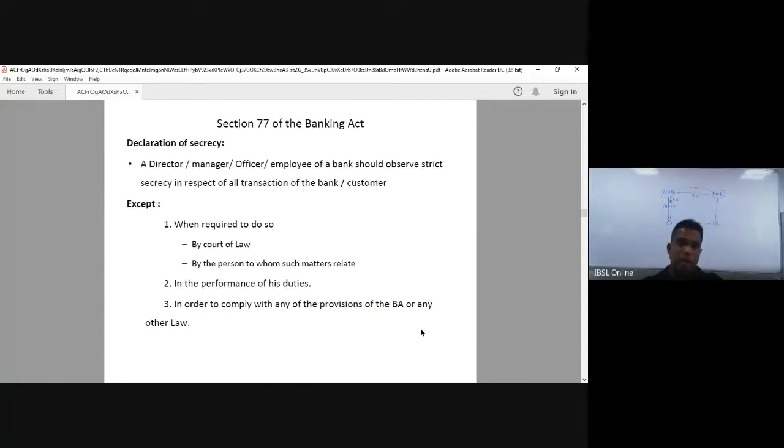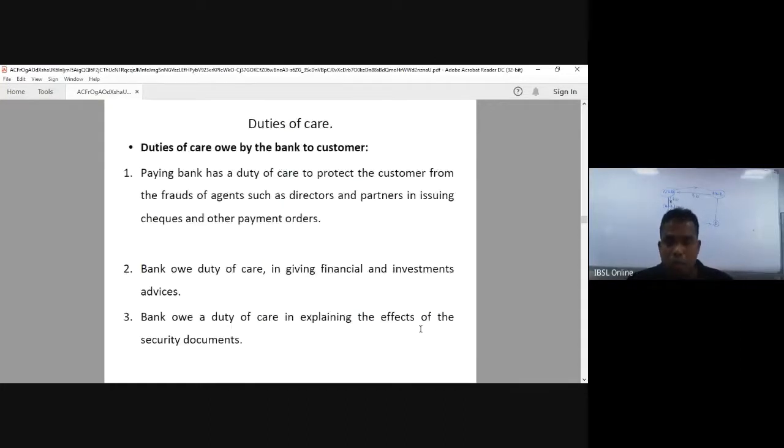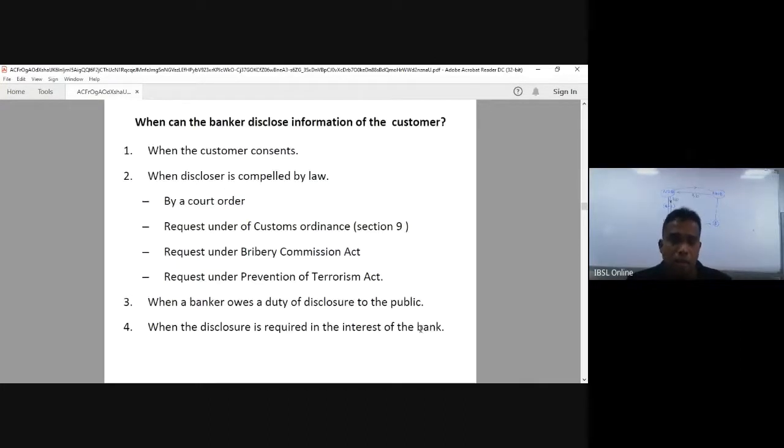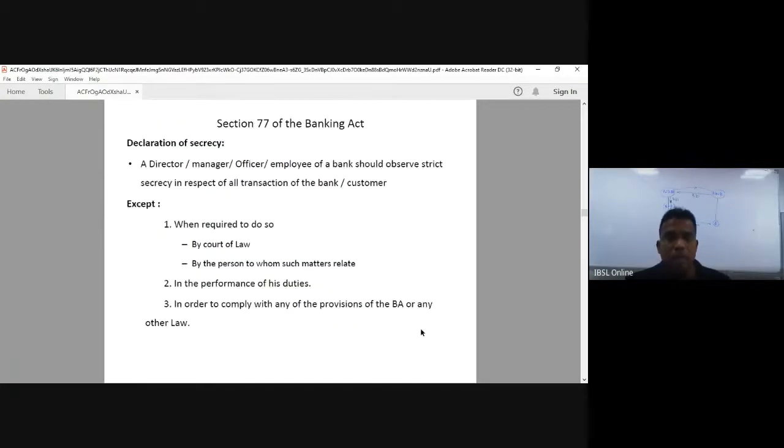Likewise, the bank has to obey the law, the Banking Act or any other law. So therefore, there is a provision that you can divulge information. You have to remember these two: the common law situations where you can divulge information, and under the Banking Act, what are the situations where you can divulge information without the consent of the customer.